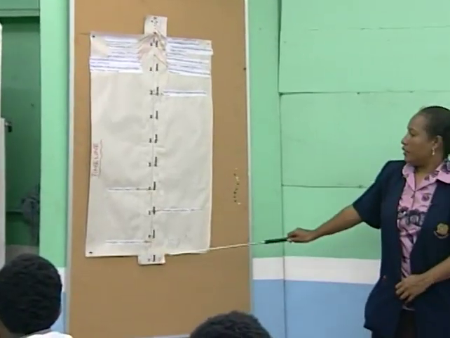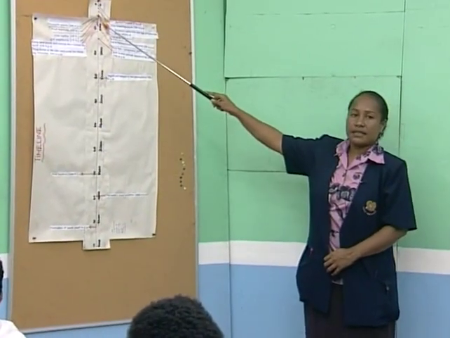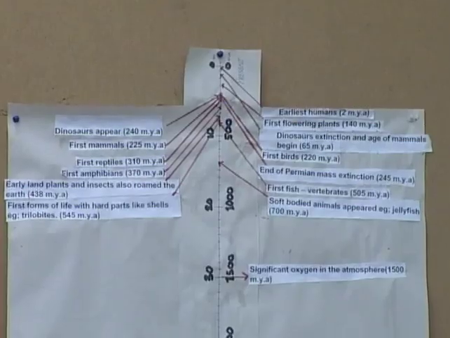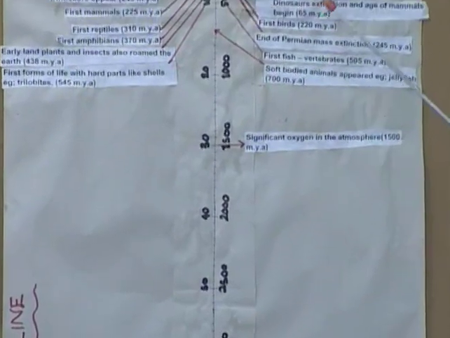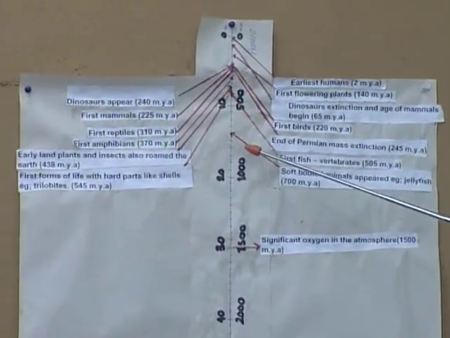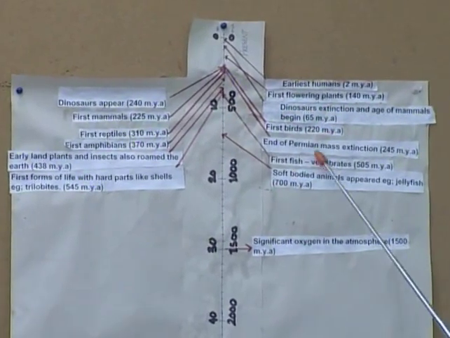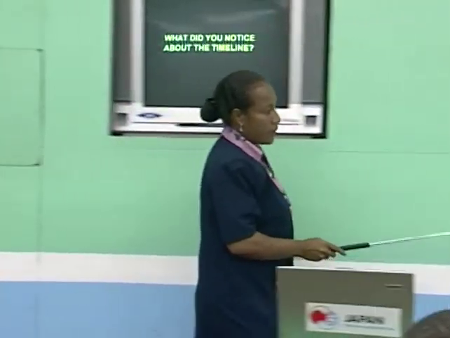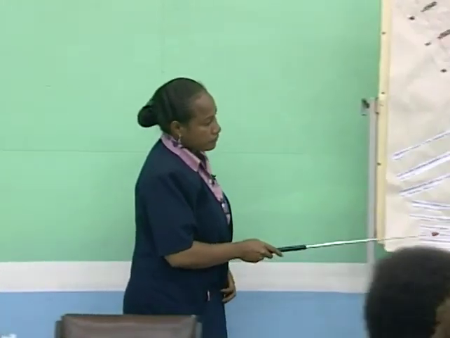This group started from the present down to the past. These are the events that took place in this number of years, millions of years ago. Right? Let's have a look at the other group that came up with another idea.